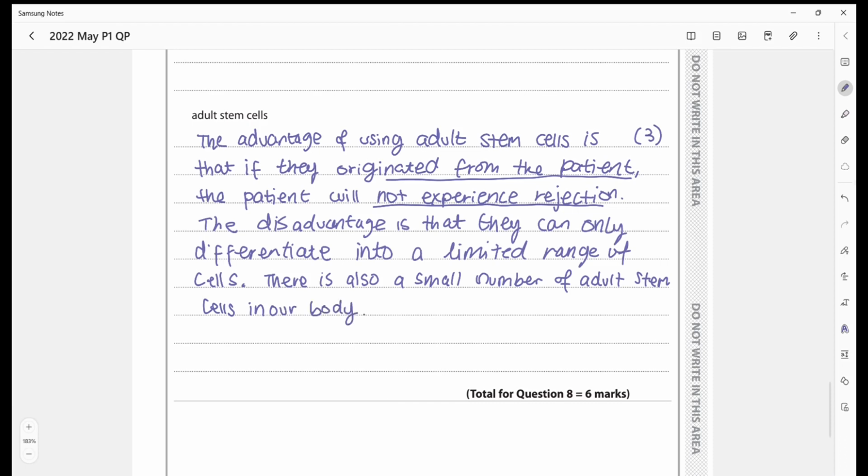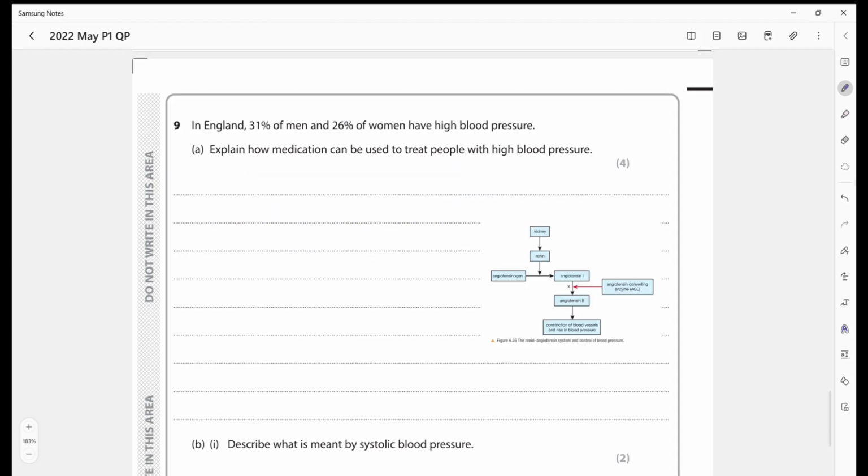Alright, so limited range of cells, so differentiate into limited range of cells, that's another mark. And small number of adult stem cells in our body, that's the 4th mark.